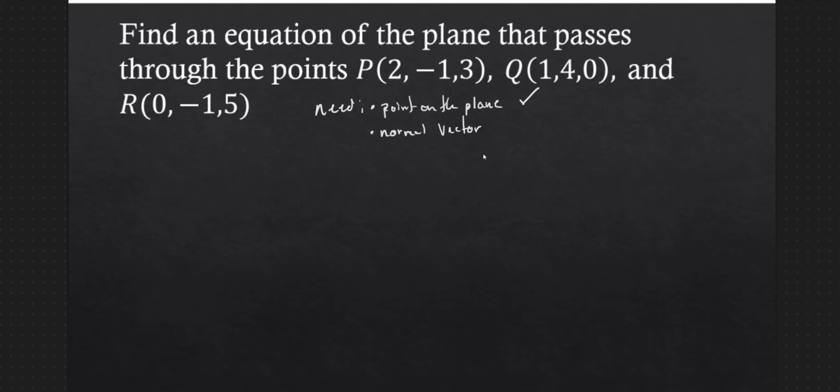Turns out, last week when we were looking at cross products, we actually did a problem very similar to this one. The idea was we wanted to find, I believe, a vector normal to the plane containing these 3 points. And that's exactly what we need to do here. So you might refresh your memory on how we did that.